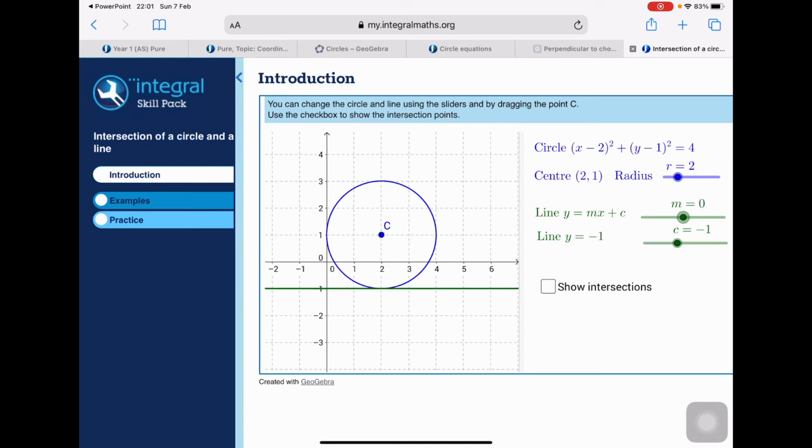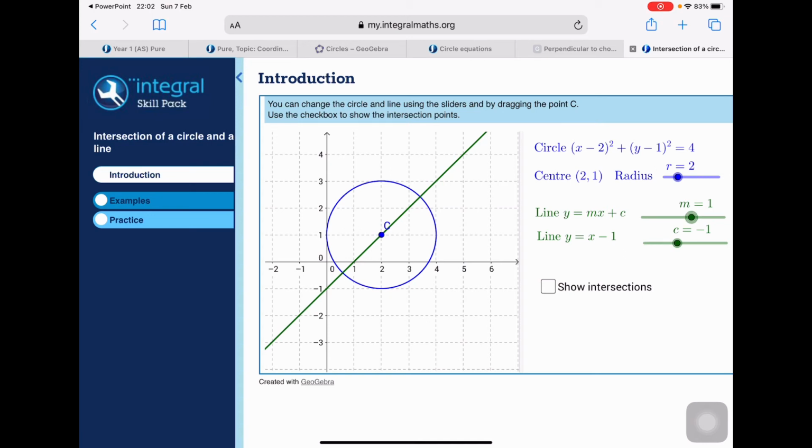If the green line touches the circle, then we have one solution, one intersection between the circle and the green line. So in this case, it's a tangent. If it goes through the circle, then we have 2 points of intersection. I can't write on the screen, but we can see 2 points of intersection between the green line and the circle.